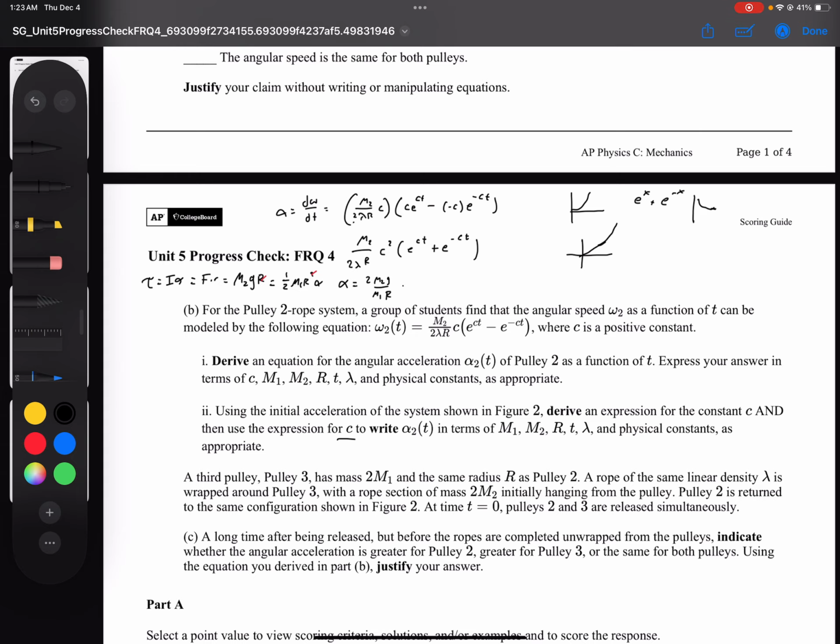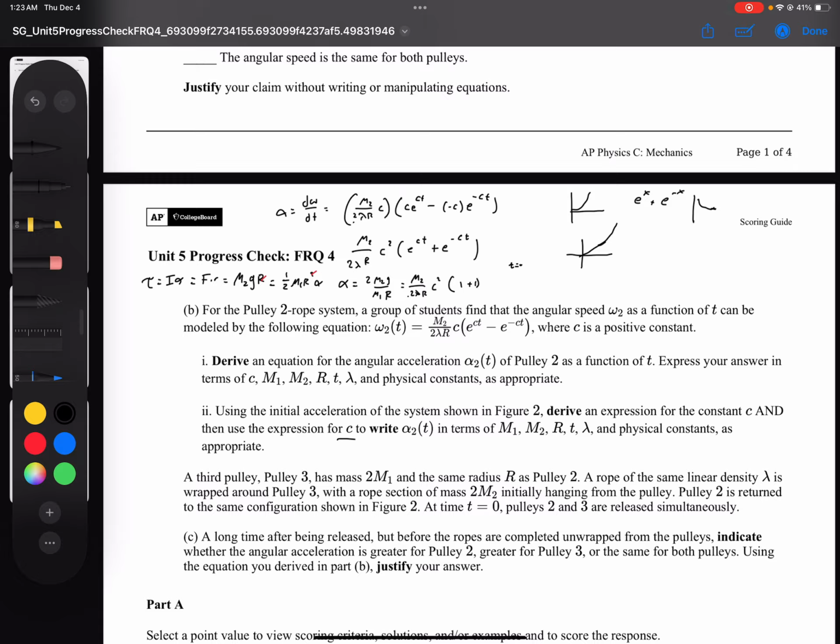And then I'm going to set that equal to the expression for alpha. So that's equal to m2 over 2 lambda r times c squared times, at t equals 0. So we're going to look at the initial angular acceleration. So at t equals 0, I have e to the 0, which is 1, plus e to the negative 0, which is also 1. So there's just 1 plus 1, which is 2.